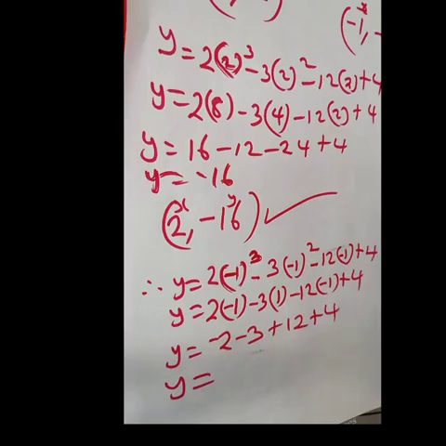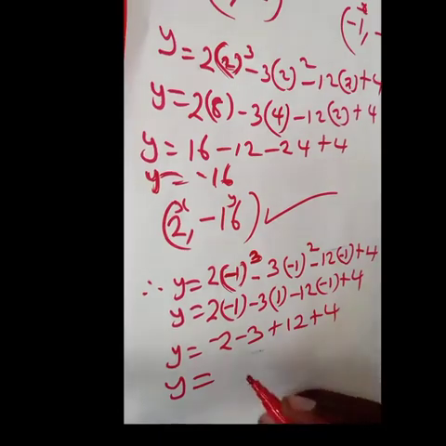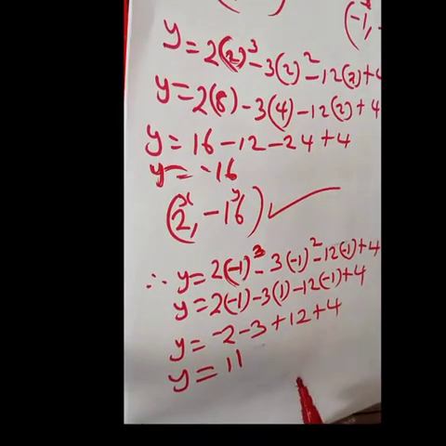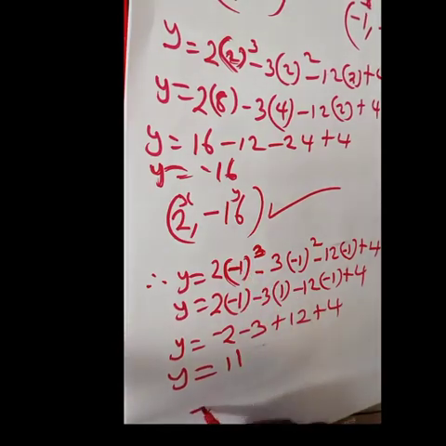This should be 11. That is positive 11, right? So you write it. As you can see, when we replace with -1, the y value was 11.